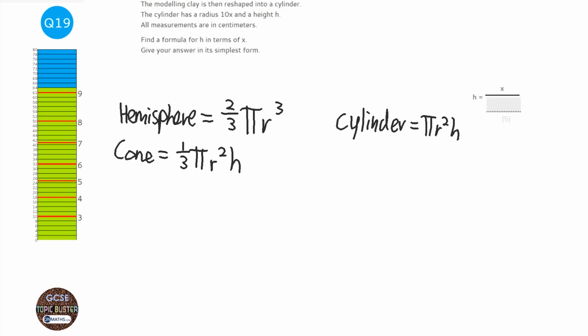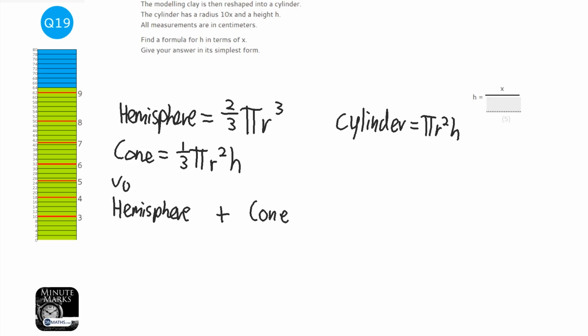Okay, so we know that a hemisphere plus the cone volume, and I should write volume here, to show the examiner that I'm working with volumes, equals the volume of the cylinder.